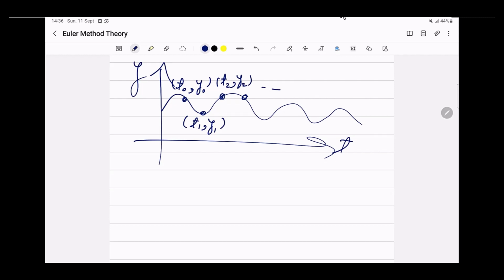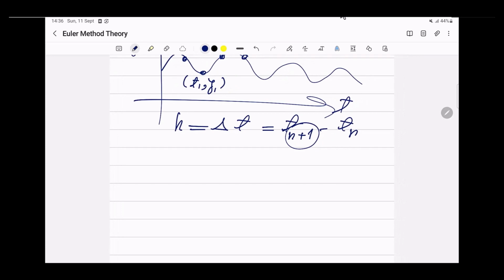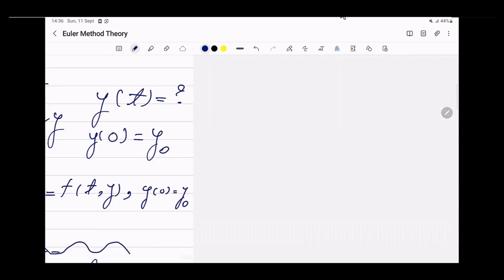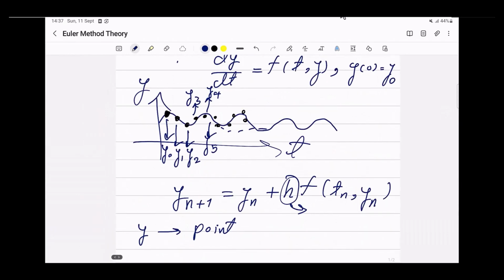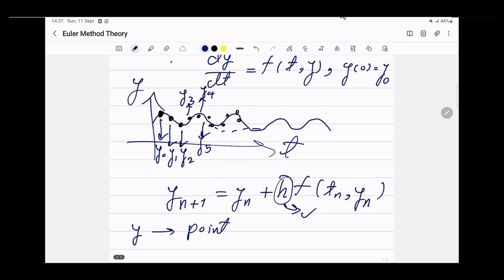And h gives us the delta t, the difference between two consecutive t's, so t(n+1) minus tn. All right, so this is h. Let's go back to the previous page. So this was the equation.